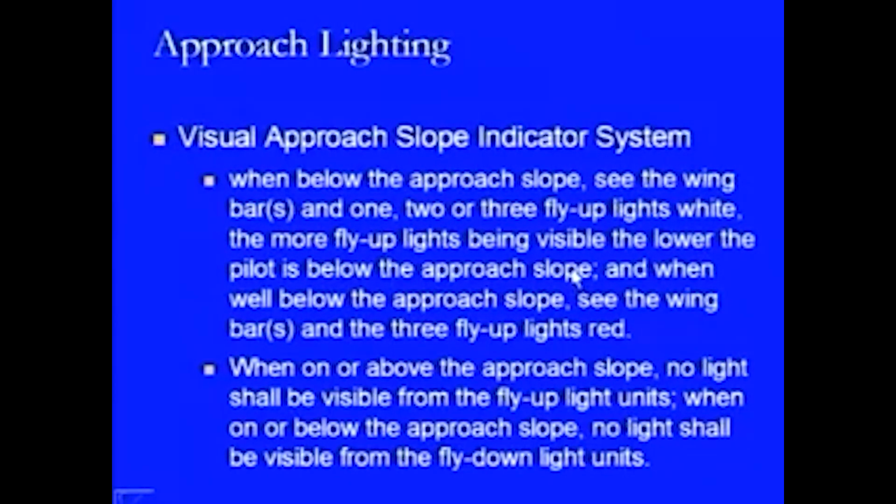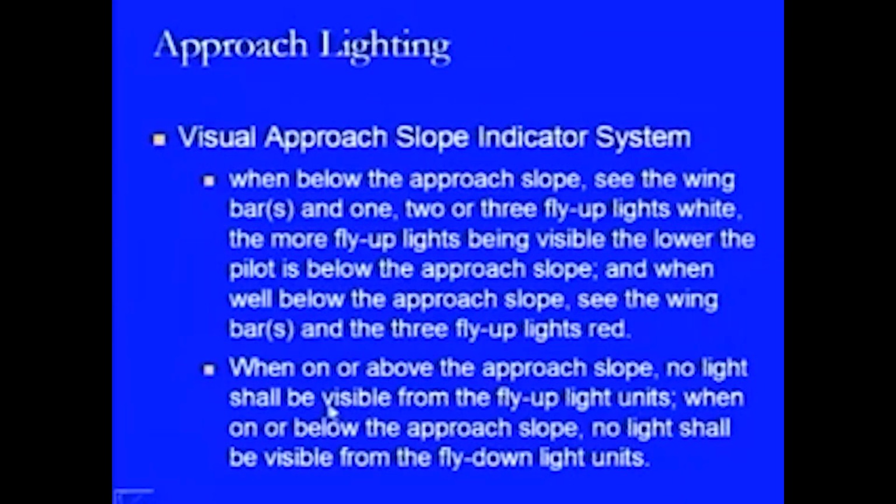So, whether the pilot is going above or below the approach slope, he will be able to see more of the lights, and that defines that he is not following the approach. And when well below the approach slope he sees the wing bars and the 3 fly up lights red. So, this defines that he is going down, and therefore it is a hazardous condition and he should go up.